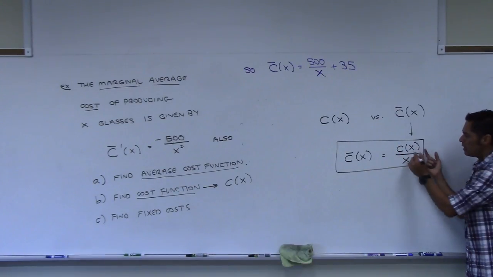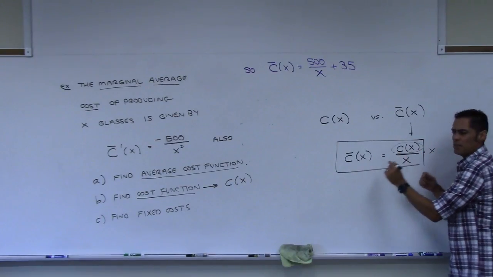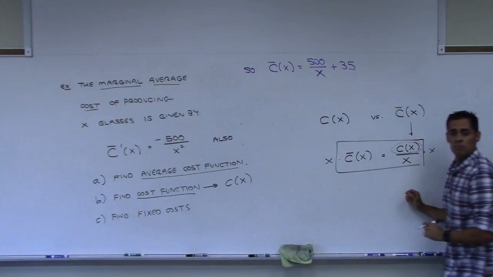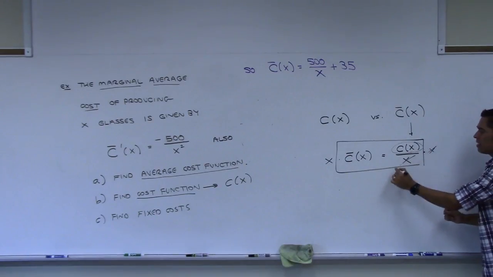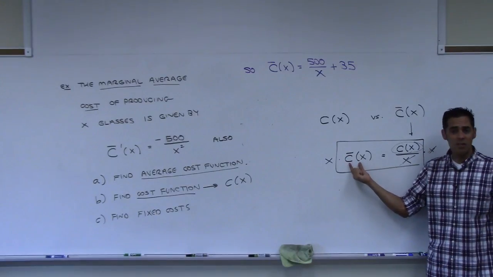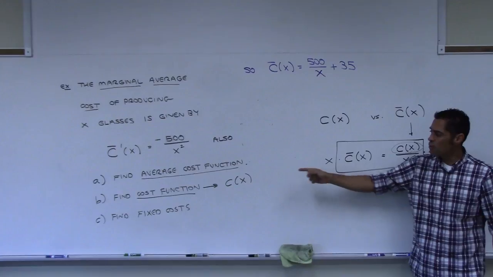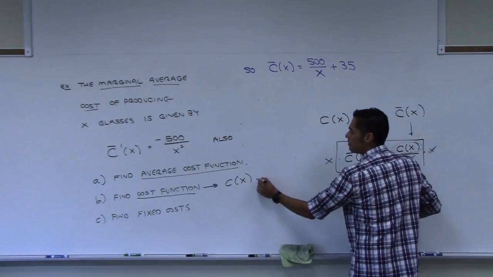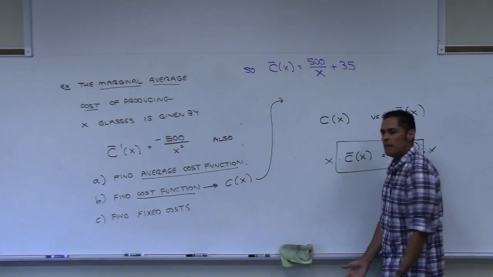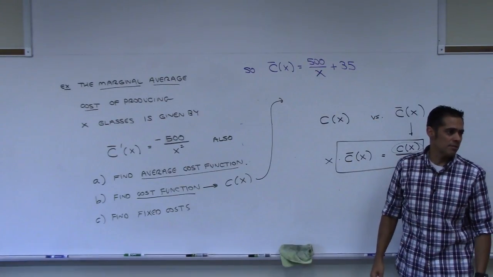So if I wanted to figure out what just this cost function is, couldn't I multiply both sides of this by X? And I would get the X's to cancel, and that means my cost function should be my average cost function times X. So to do part B, all you have to do at the end of the day is take that answer and multiply it by X.